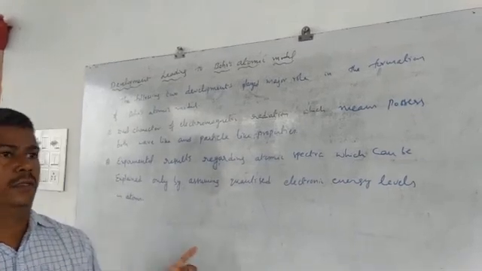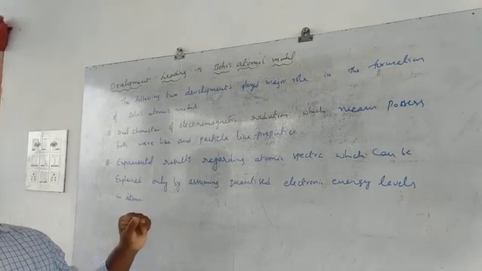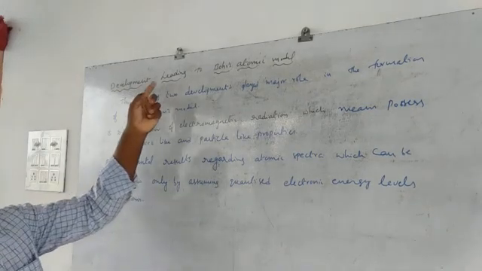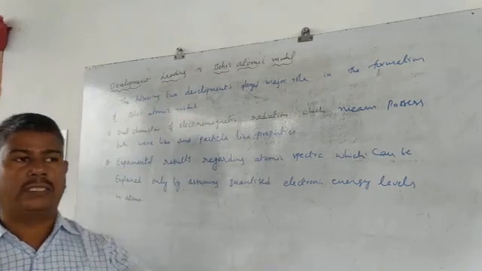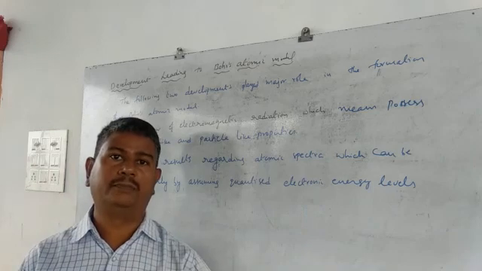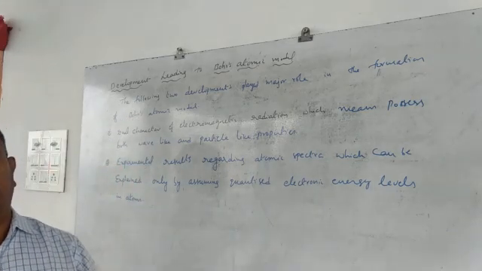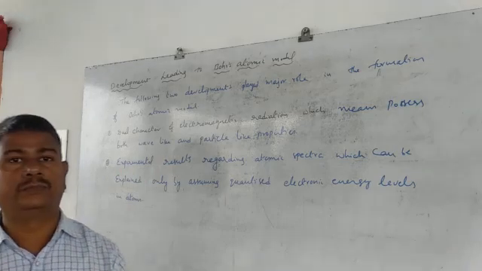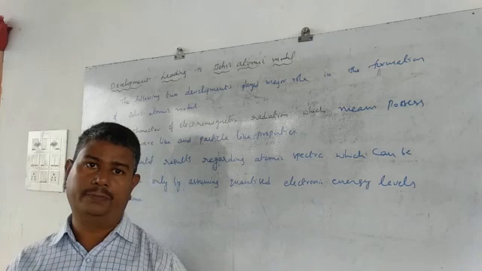So isotopes is over. Then next, the development leading to Bohr's atomic model, meaning what are the defects we observe in the Rutherford atomic model that can be rectified and explained by a new atomic model by Niels Bohr.